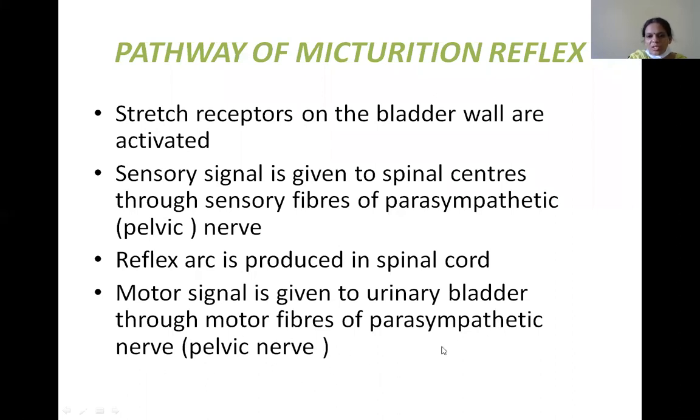So remember this: micturition activity is done by the parasympathetic, which has two components, sensory and motor. Afferent information, the filling up of the bladder, is carried through the pelvic nerve, and the efferent information is also carried back through the pelvic nerve.